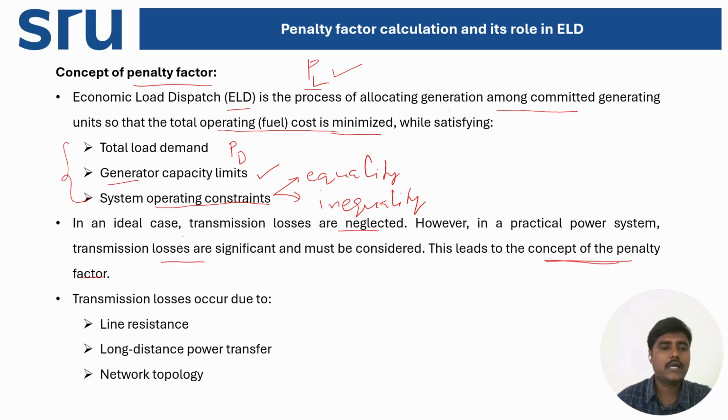The transmission losses basically occur because of these 3 reasons. One is line resistance, the second is long distance power transfer, and the third is network topology, in which configuration the network is connected. That also has an impact on the transmission losses.